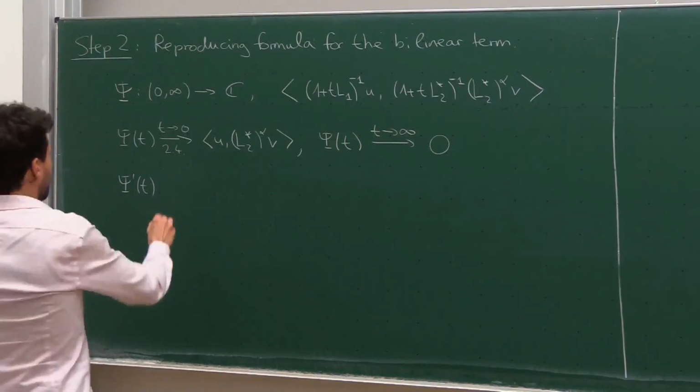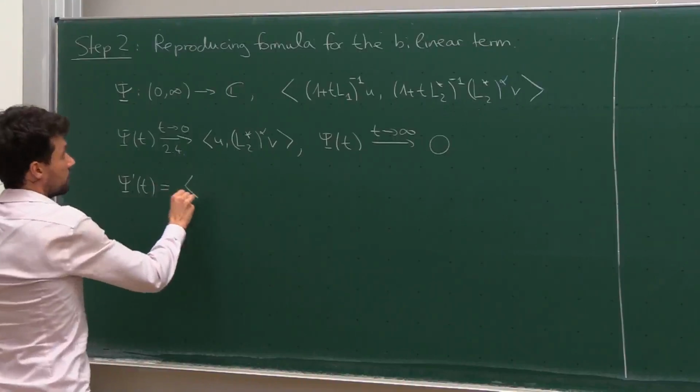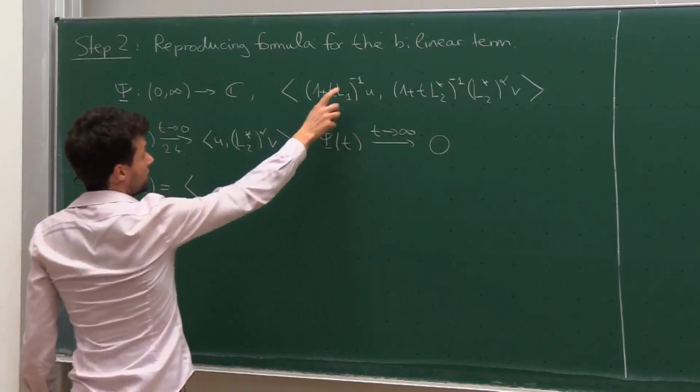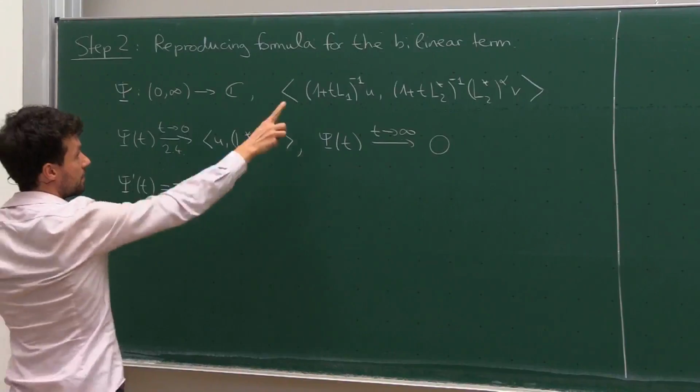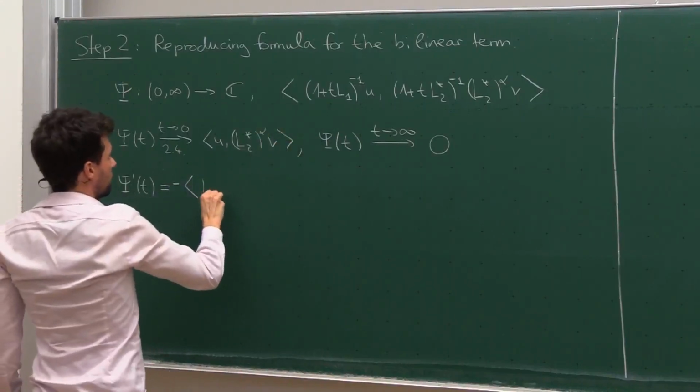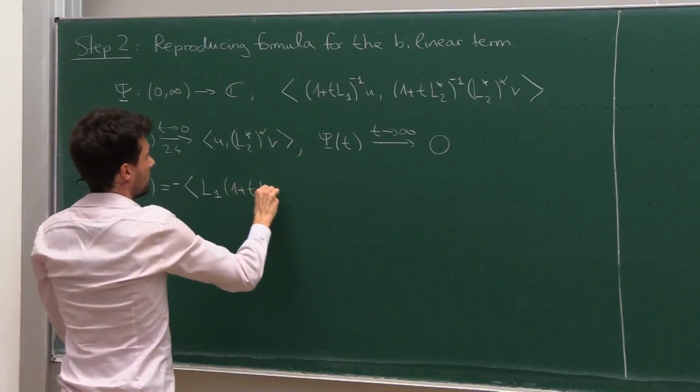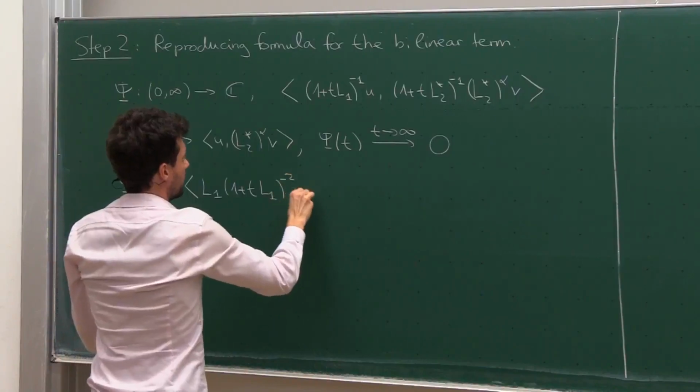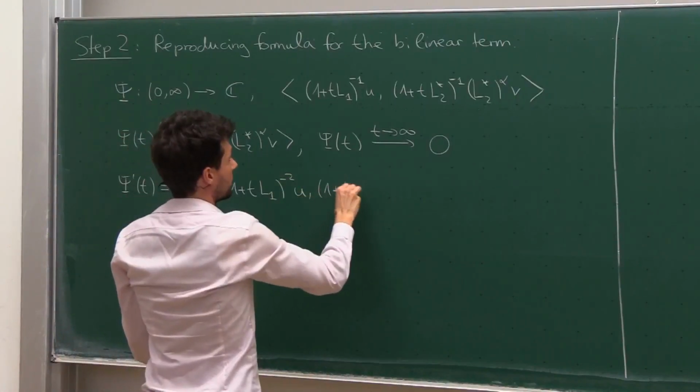And so the derivative is, if I do it product rule style, I have to differentiate this guy, so it gives me a minus. Then it's an L1 that pops to the front. Then the resolvent power increases by 1, and the other term is fixed.